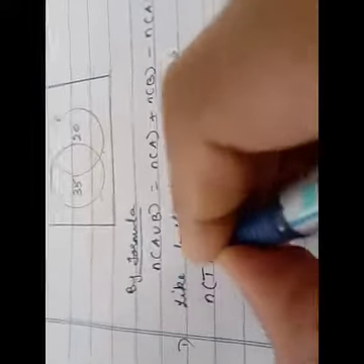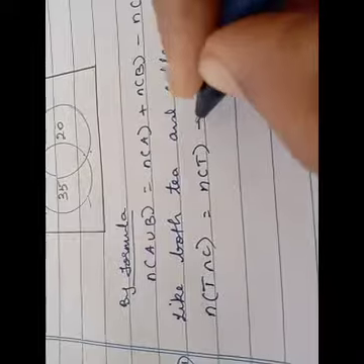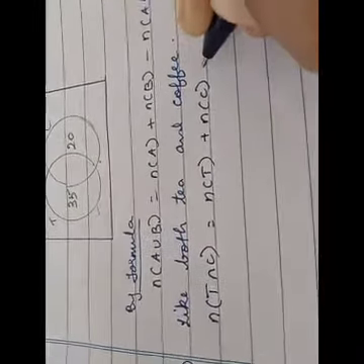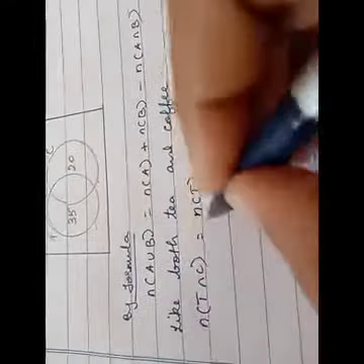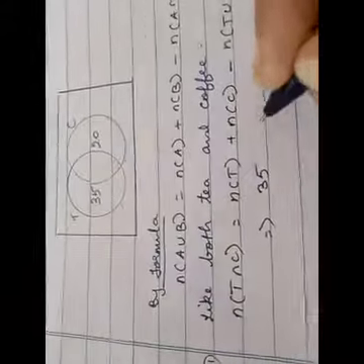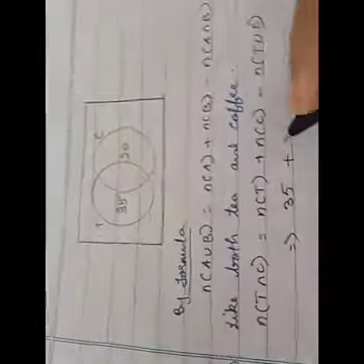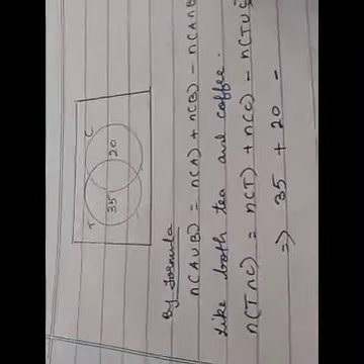Your formula is n of T intersection C is equal to n of T plus n of C minus n of T union C. So n of T is 35 plus n of C is 20 minus n of T union C, that is the total number of people, which is 45.